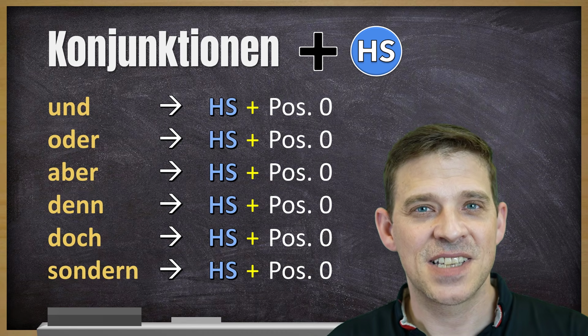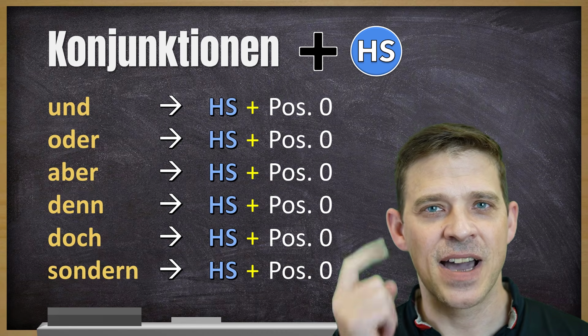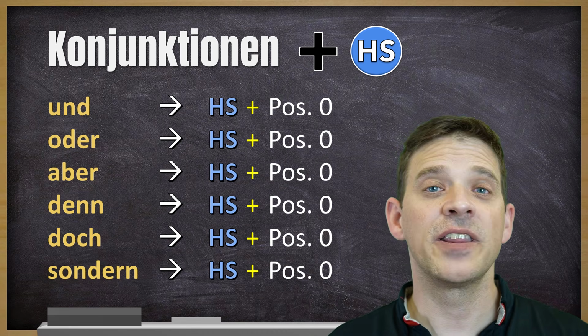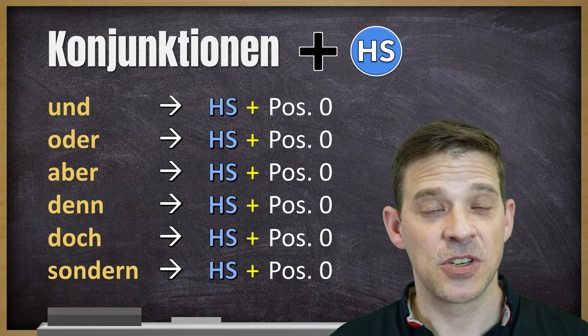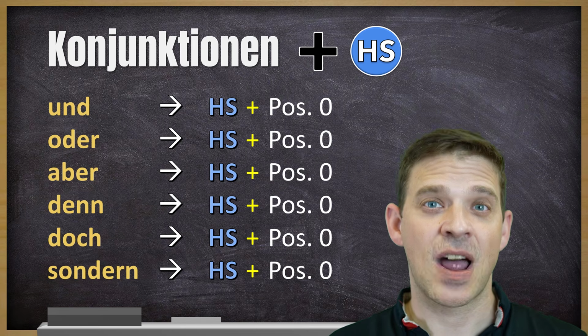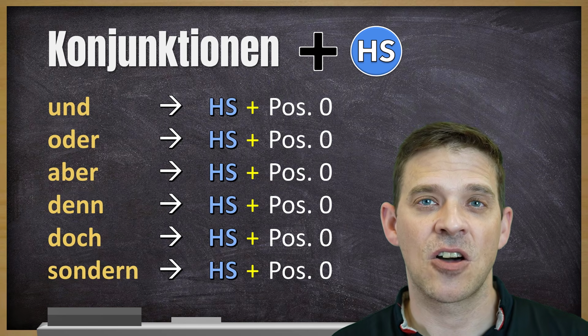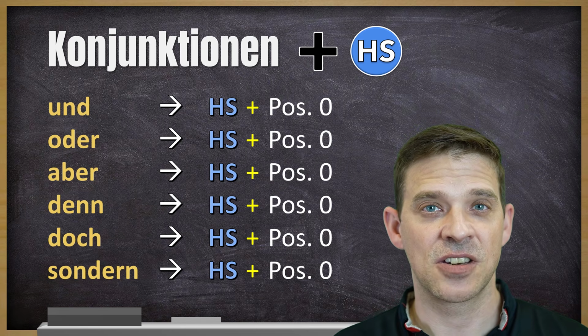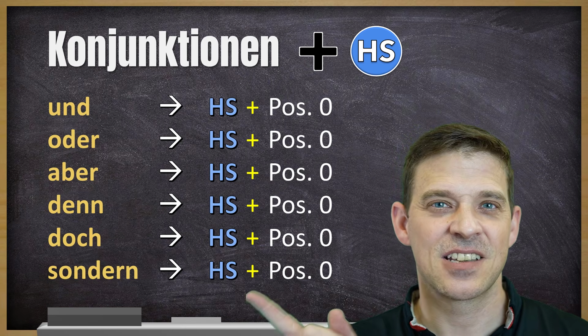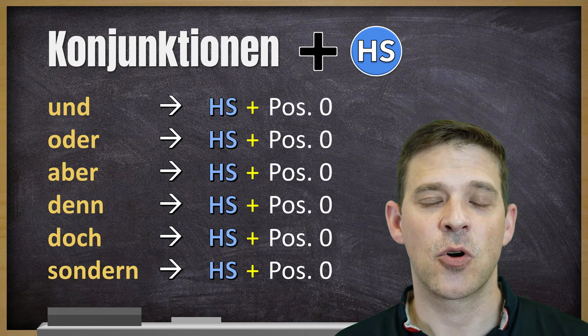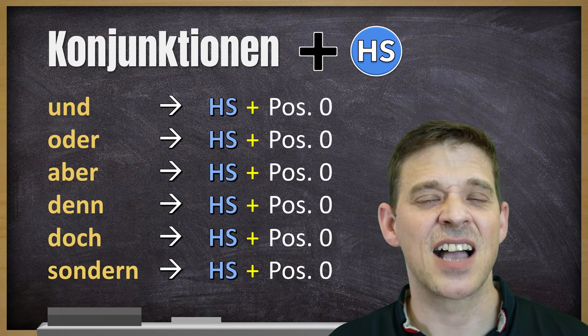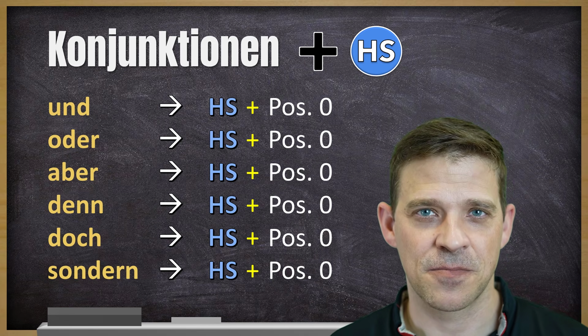So these are those 6 conjunctions you have to keep in mind, because all the other connectors we just did, like subordinate clauses or adverbs, it doesn't matter, all those other connectors are on position 1. But these 6 here are on position 0, so they actually don't count as a position.